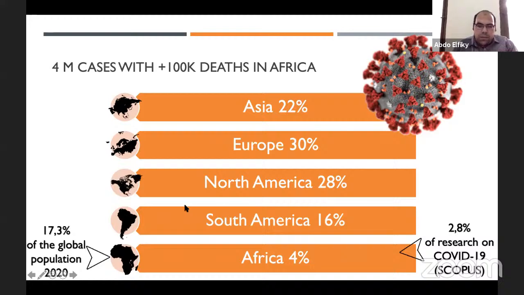About a quarter of this research was done in Egypt, and in Egypt we still have a low scientific background. I mean, the labs are not as well equipped as in Europe or the USA or China. So we need more funding for research in Africa and Egypt. And I will show today some work that I have done with my colleagues in Egypt on COVID-19.